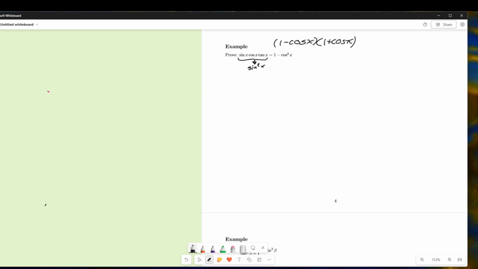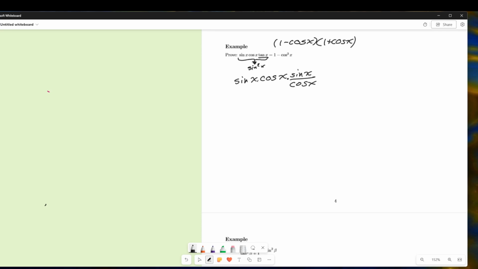And if we're going to turn all of this into sine squared, then it might actually be nice to look at everything in terms of sine and cosine. That tangent would be sine of x over cosine of x.